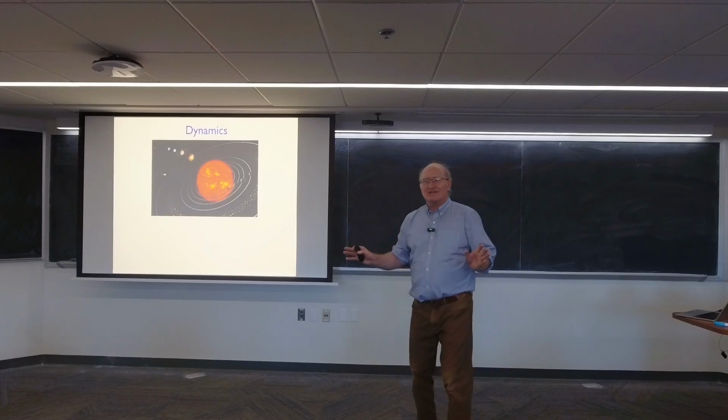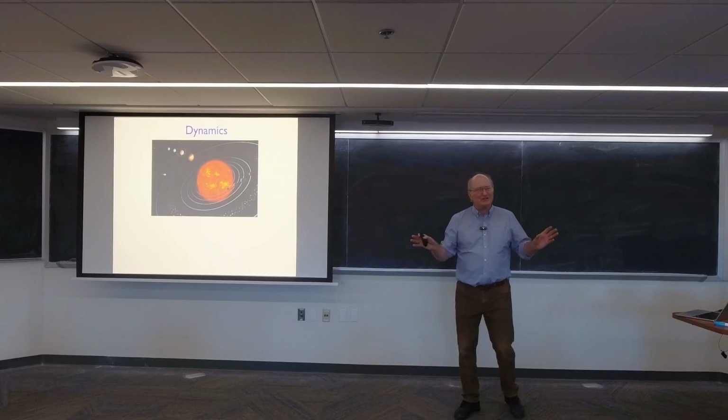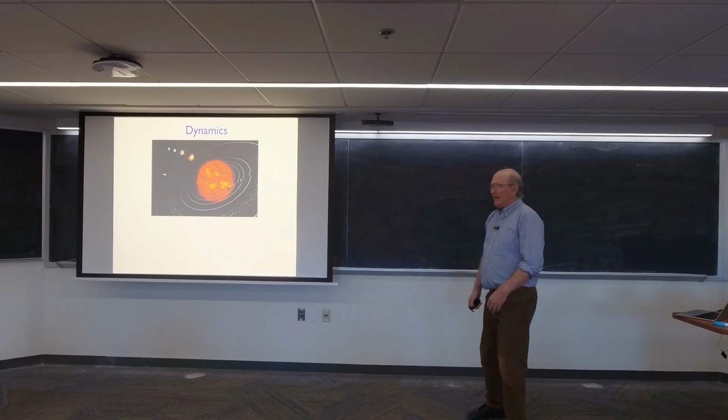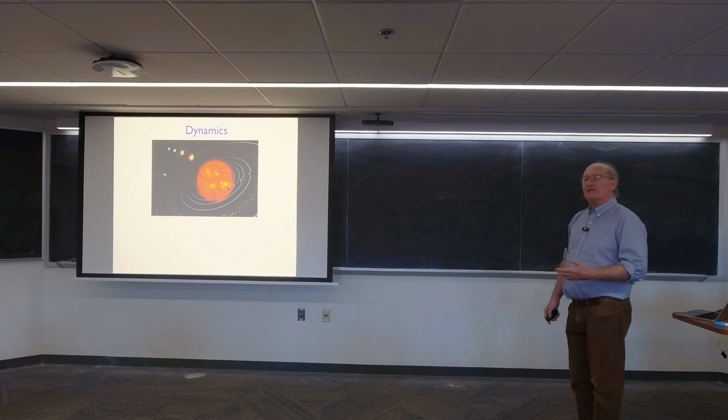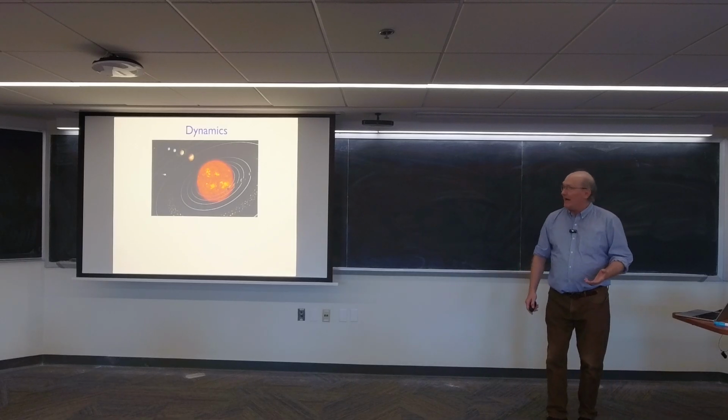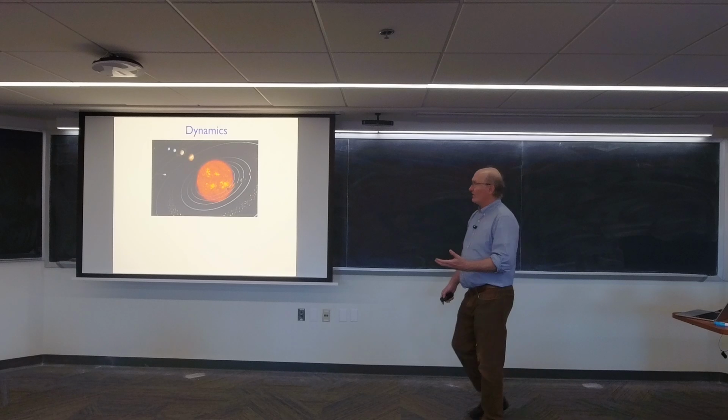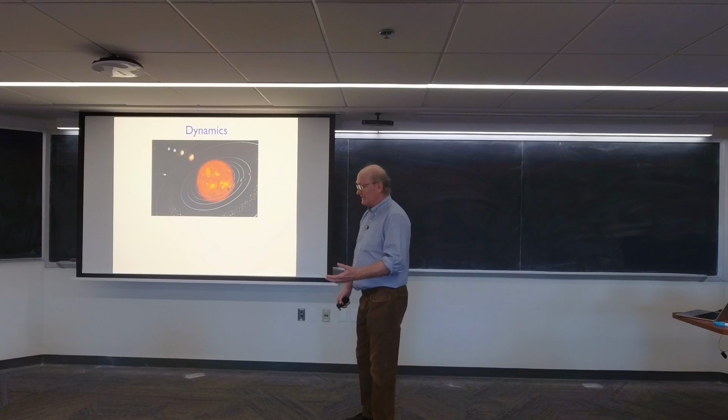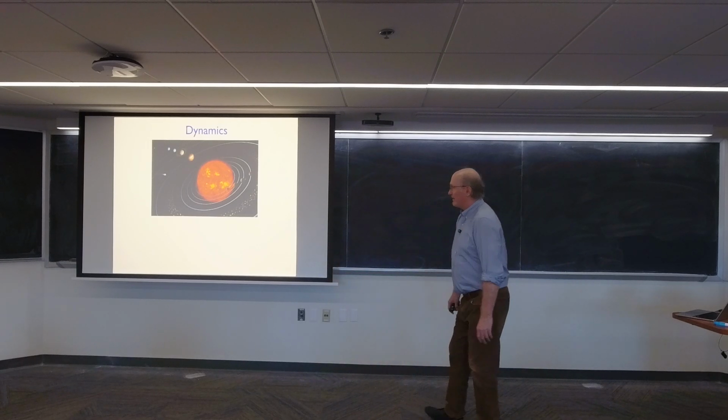Well, there is no solution to the 3-body problem. I mean, there's no closed form for a good solution. And what Poincaré initiated was the qualitative study of the theory of dynamical systems, such as the 3-body problem.